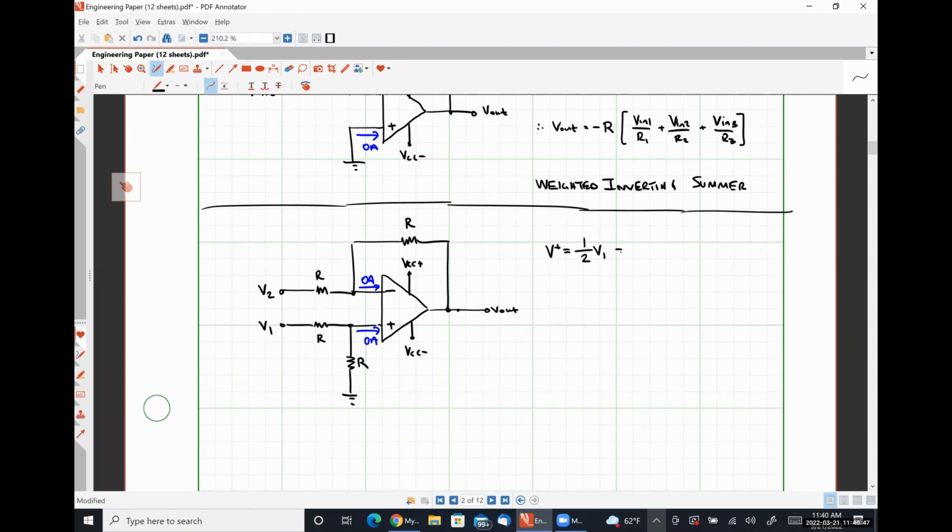That is also the voltage we observe at the inverting input terminal, right?